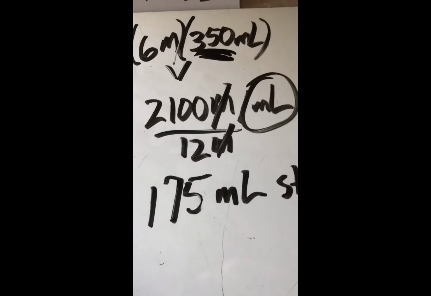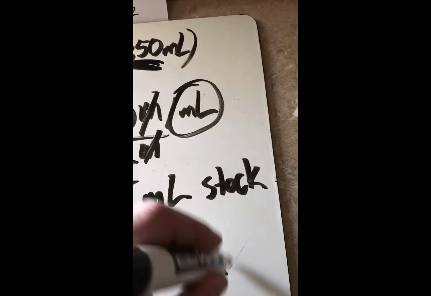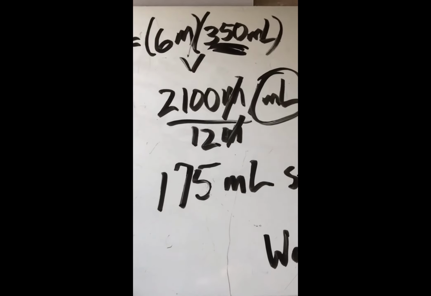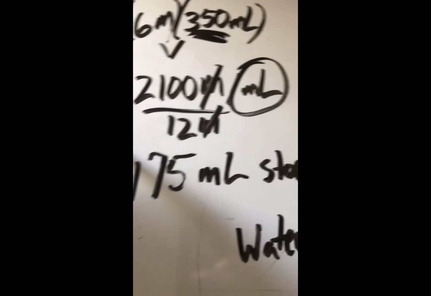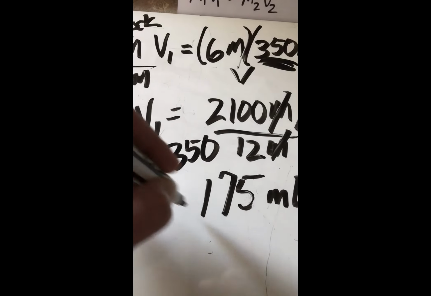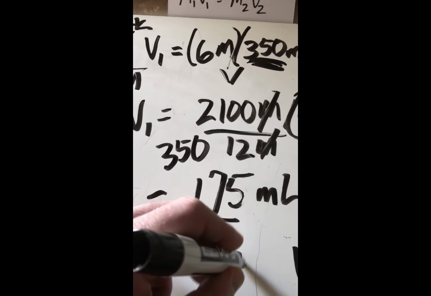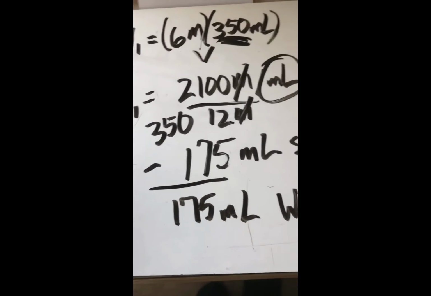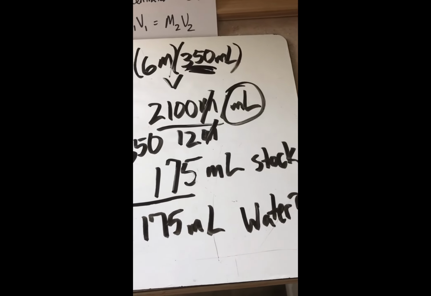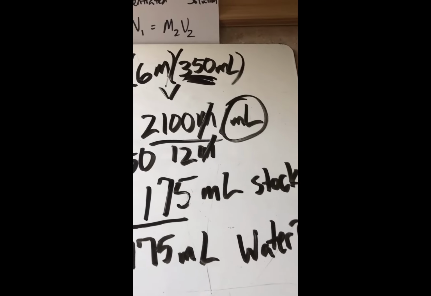So how do I figure out how much water I would need to make a total of 350? You're going to take 350 milliliters and subtract whatever that stock is. And this one is going to be 50-50, 175 milliliters of our stock solution and 175 milliliters of our water.